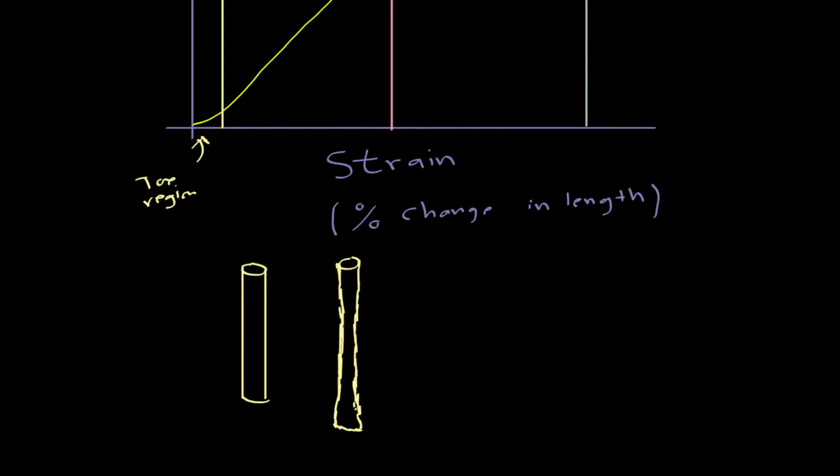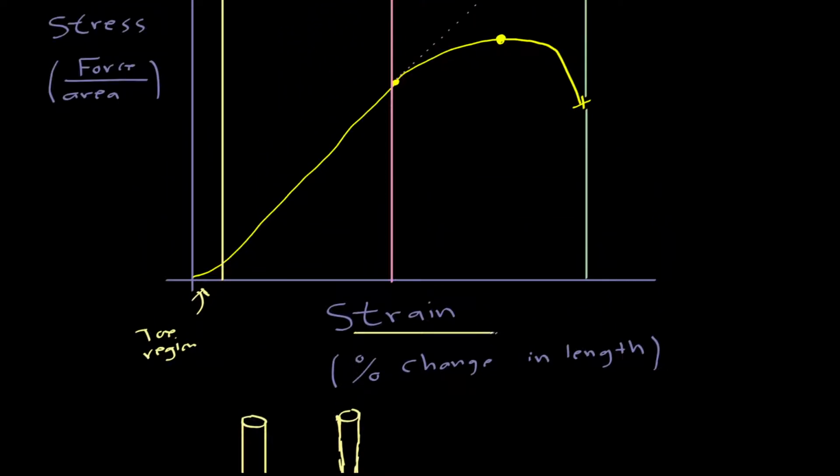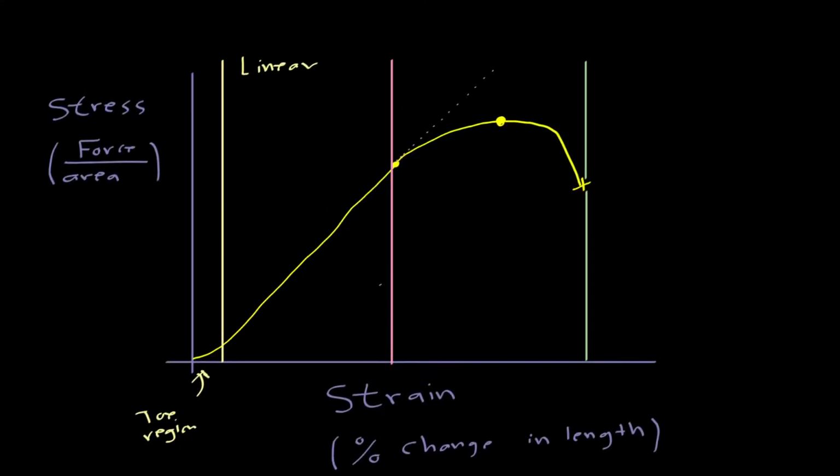Usually, though, these changes are small enough that we kind of neglect to really bother with what that change in cross-sectional area is. But conceptually, what's going on is we're pulling on this, and it's changing its length from 4 inches to 5 inches. That'd be like 25% strain for maybe 150 pounds of force, something like that.